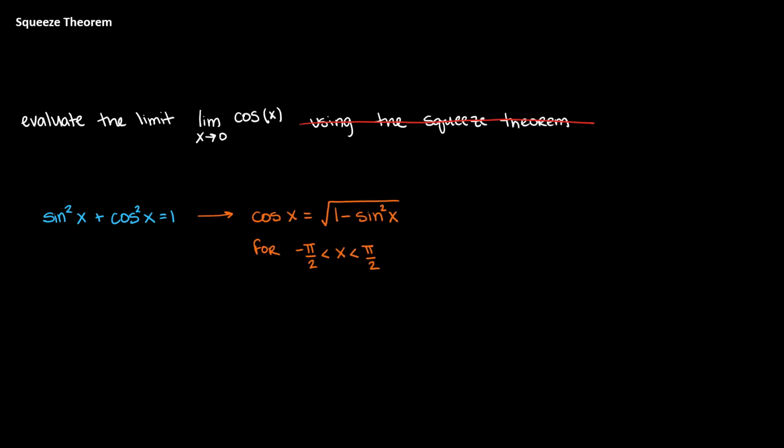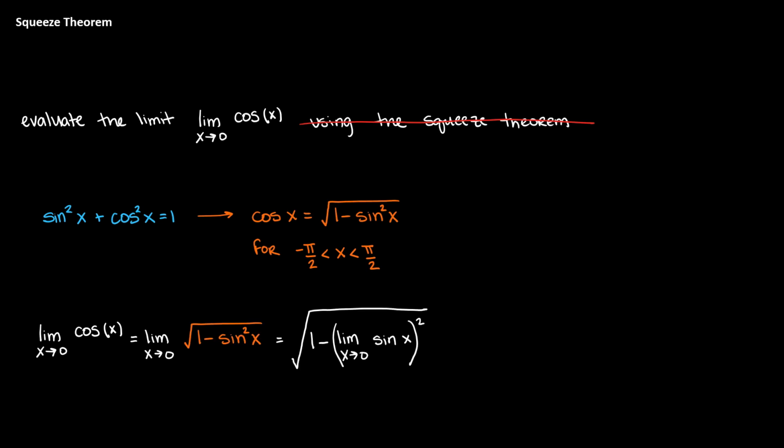So we can solve that expression for cosine x and see that it's written as a function of sine x. We know limit laws, so we can rewrite our limit that we're investigating using our limit laws and this expression of cosine that is equal to a function of sine.